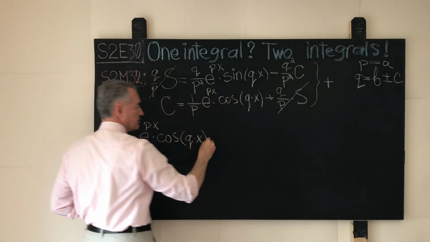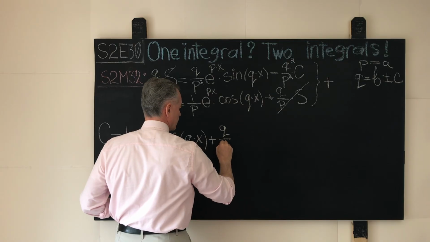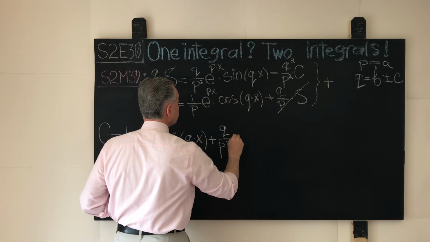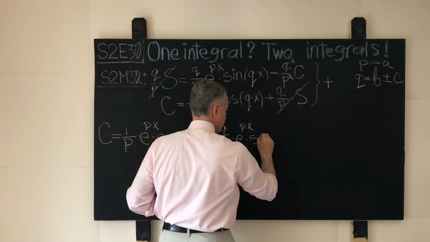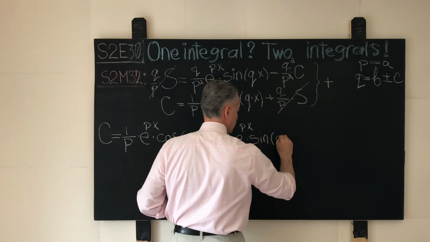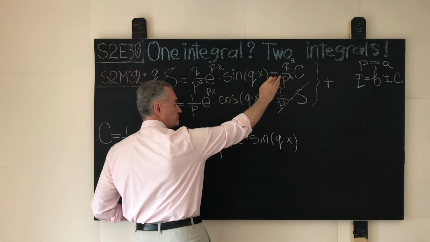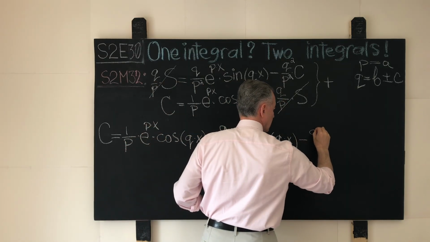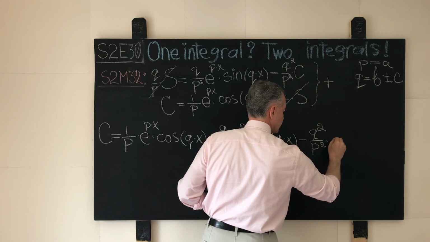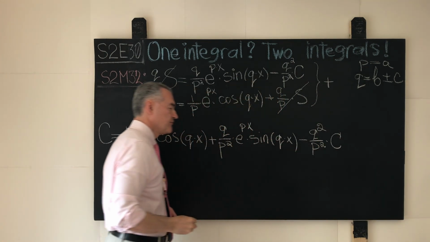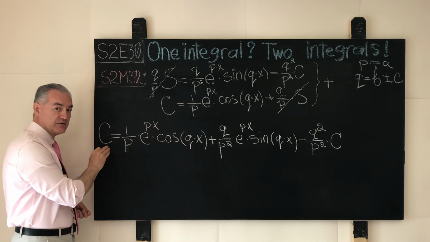Plus this guy right here, plus q over p squared times e to the power p times x times the trigonometric function of sine evaluated at the argument q times x minus q squared over p squared times c. And what do we have? We have an equation that is linear in the integral c.